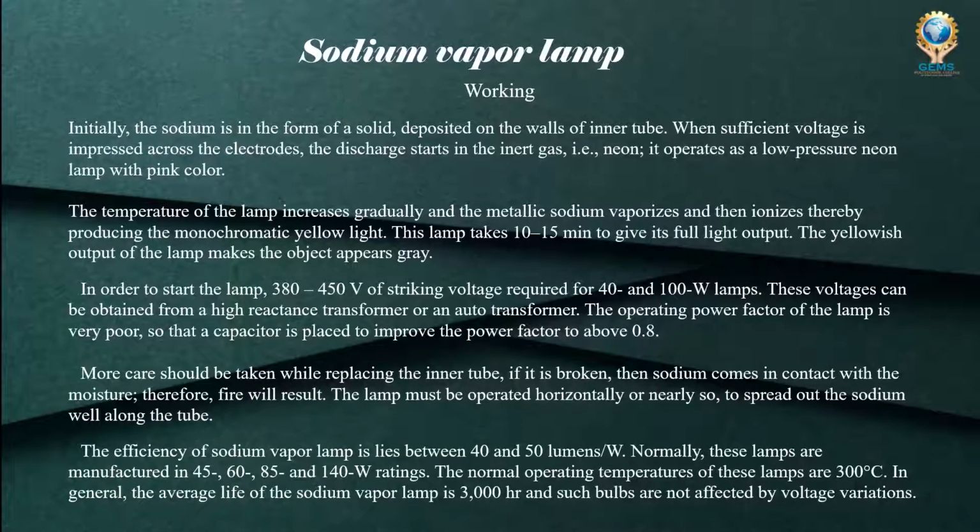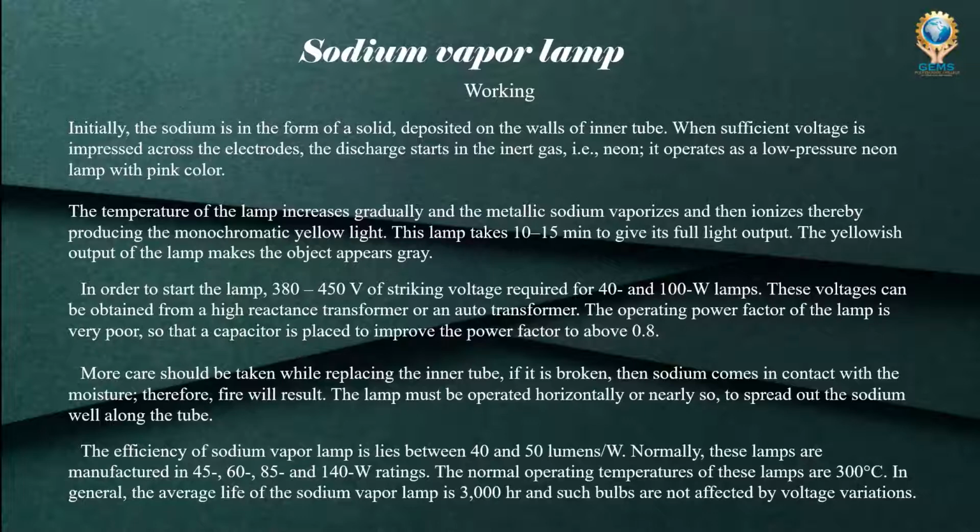So here we can see the working. Initially the sodium is in solid form, deposited on the walls of the inner tube. When sufficient voltage is impressed across the electrodes, the discharge starts in the inert gas, which means the discharge starts in the neon gas, operating like a low pressure neon lamp.